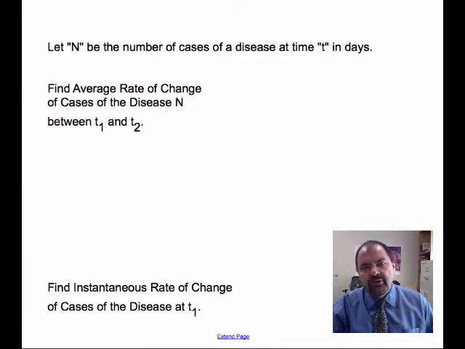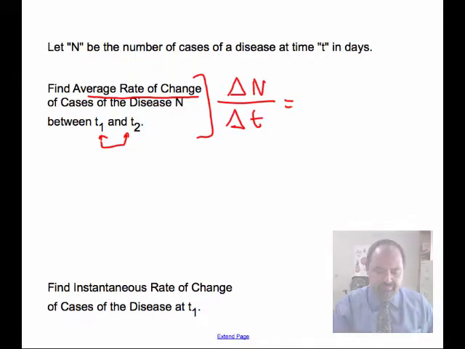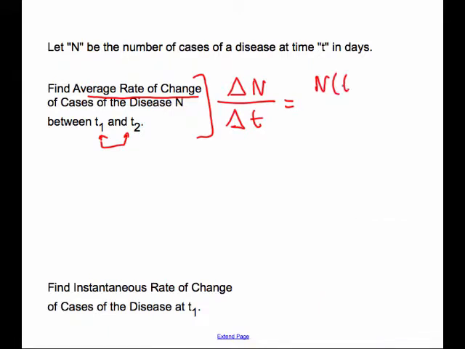Let's suppose we're talking about the number of cases of a disease after a certain number of days t. If you want to know the average rate of change over a certain period, from time 1 to time 2, then again, the definition of rate of change is the change in cases of the disease over the change in time, which would be the subtraction of the number of cases between the days we're talking about over the number of days, t2 minus t1.